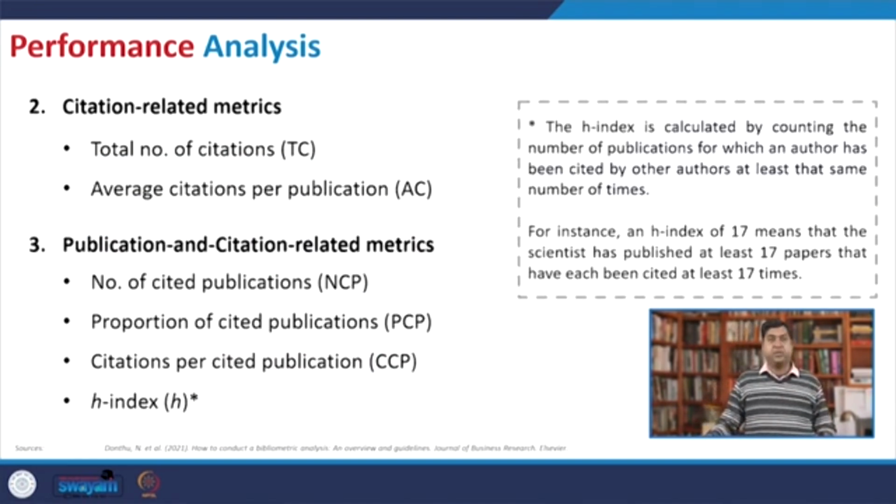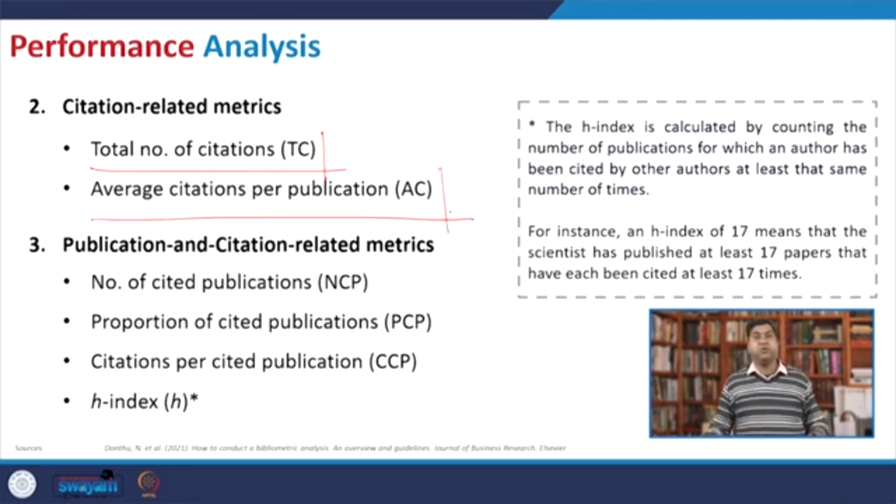Then citation related metrics: the total citation received for that particular journal or paper, and average citation per publication. When you go for a journal, there will be a total citation, and if there are so many publications, then per publication what is the average citation. In this case that will also give you the impact factor, because when you have the total number of papers published and total citation received in a journal, that is going to give you the impact factor.